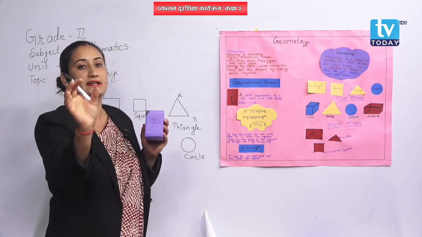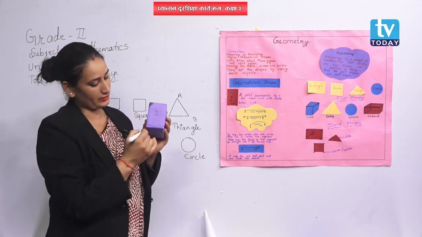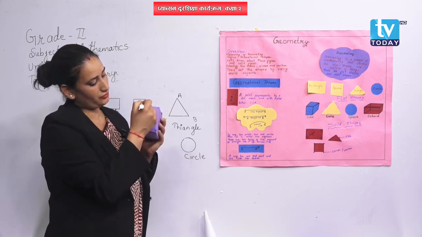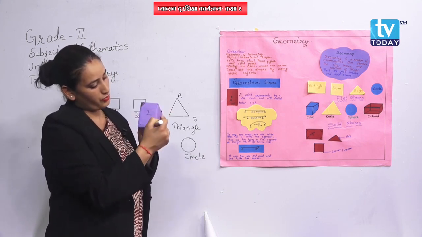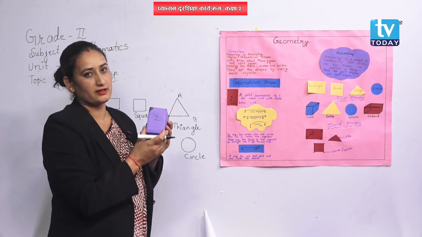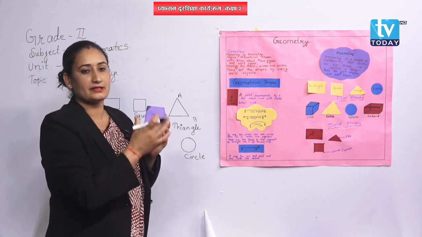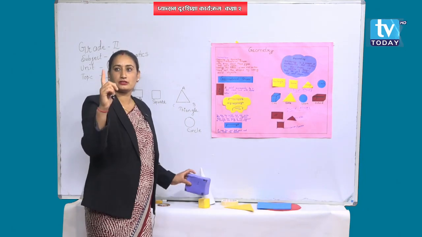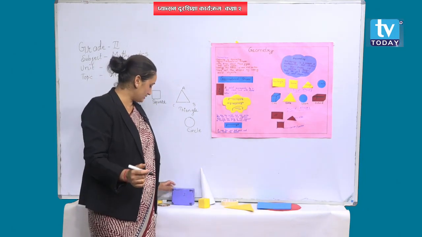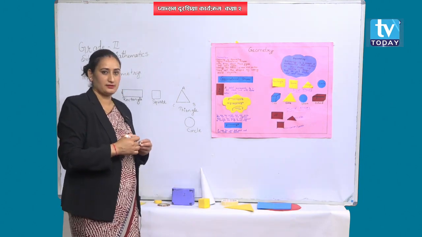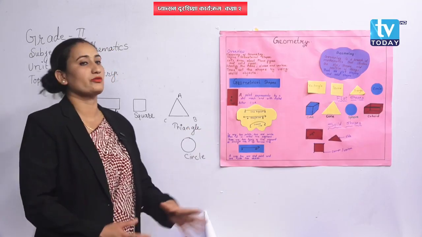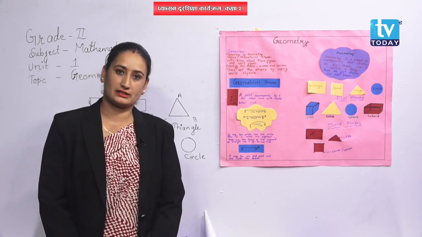How many dot points are there? Can you notice? 1, 2, 3, 4. These points are known as vertices. If it's 4, then vertices. If it's 1, then we call it a vertex.